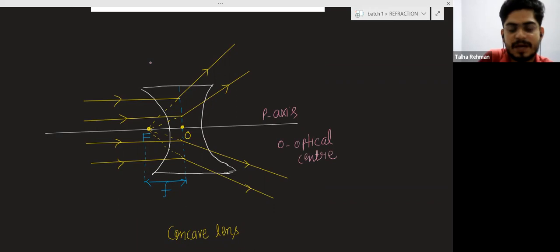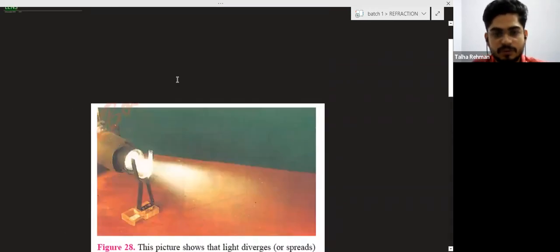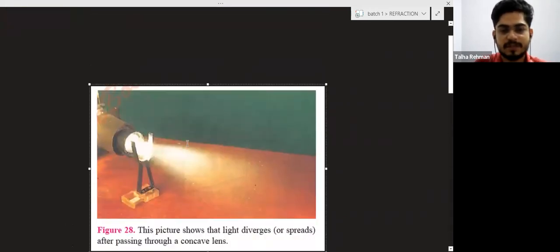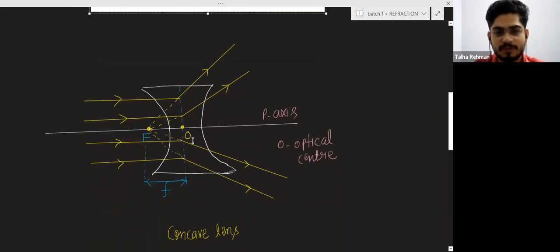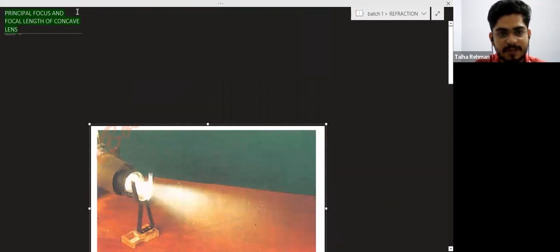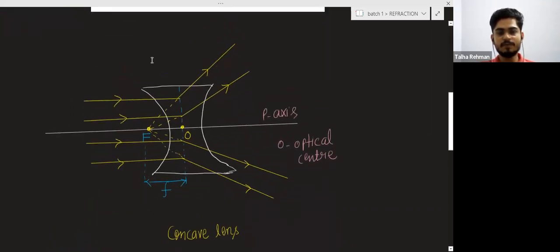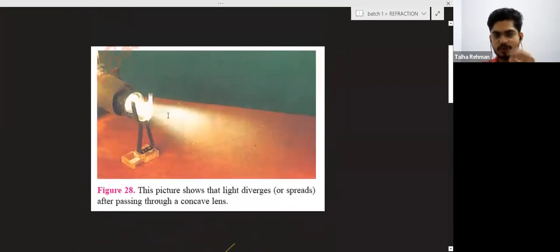So skip this diagram; if you are not able to make it, just write from here. You can write the heading first, principal focus and the focal length of the concave lens, and after that start writing from here. This is just for your practical understanding, of what is happening in actual life. That is why I have taken this image.